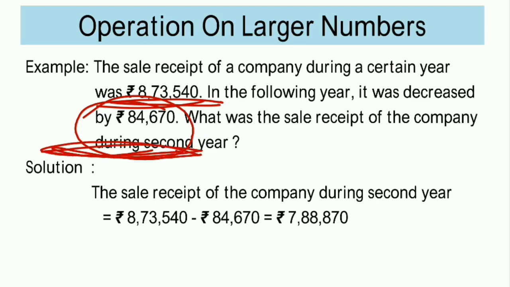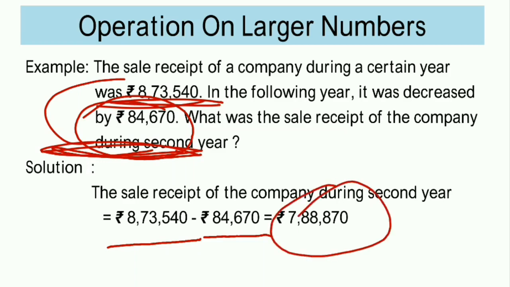So what was the sale in the next year? Obviously we will subtract, then we will get the data. It means 8,73,540 minus 84,670. Then you will get the value 7,88,870. It means this was the sale receipt for the next year. I hope that you have understood.